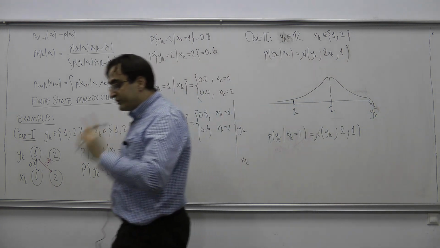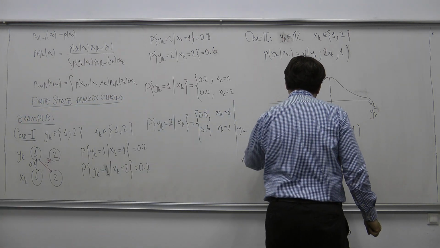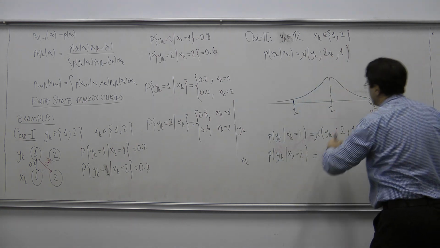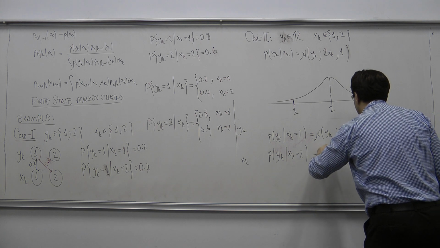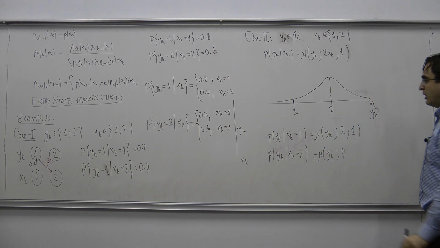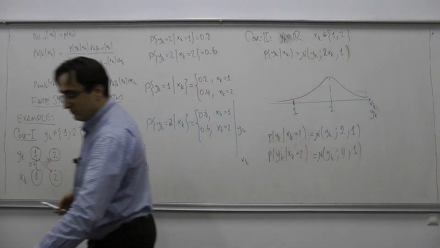Okay? For the second state, p(yk given xk equals 2), substitute xk equals 2 here, then we would have the output distributed with mean 4 and variance 1 again. All right?